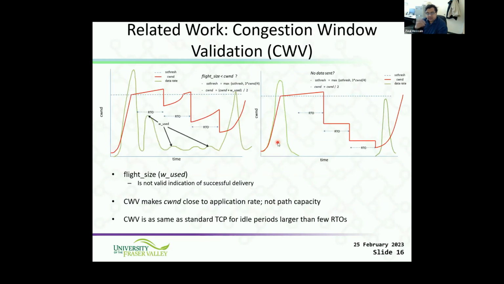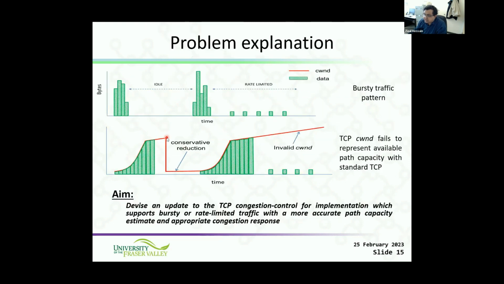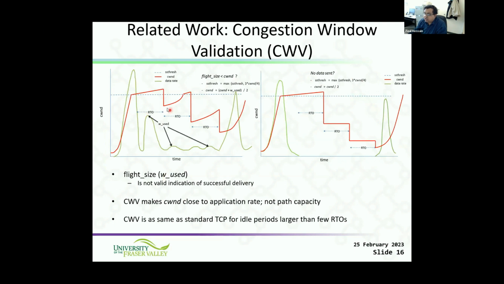So there had been some previous work on how we can fix this problem. One of these works was CWV, congestion window validation. What it did was reduce the congestion window very slowly, rather than reducing it drastically like in the previous slide; it reduced the congestion window in several steps.